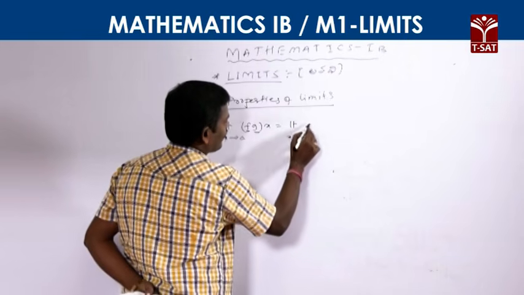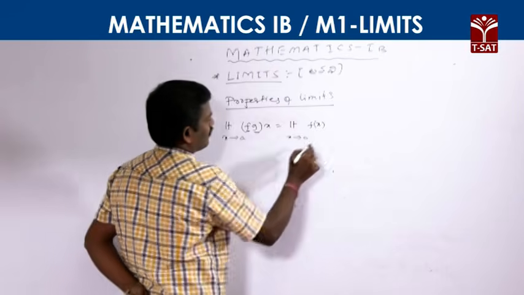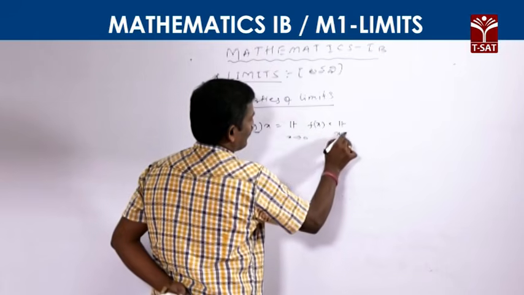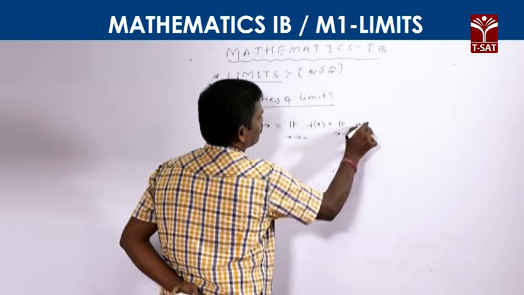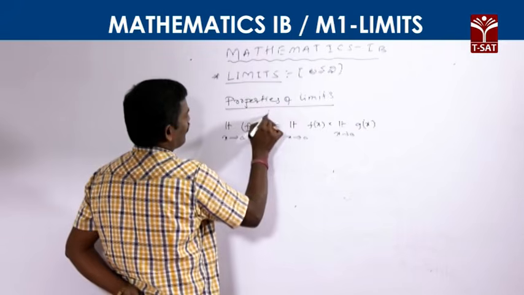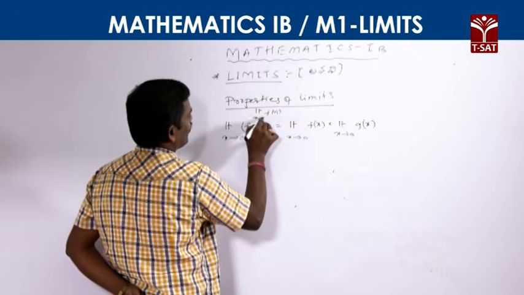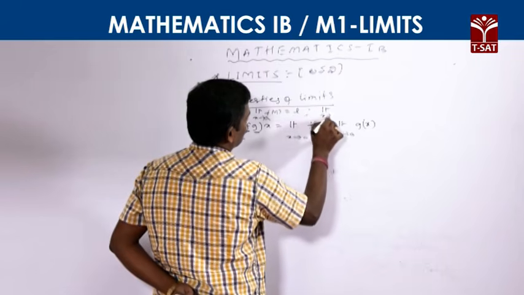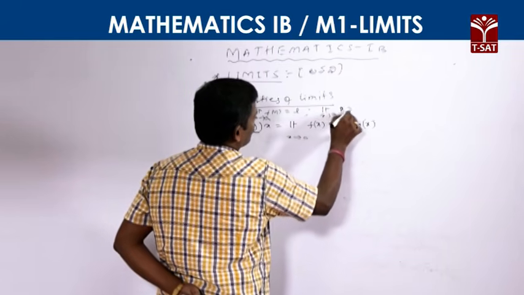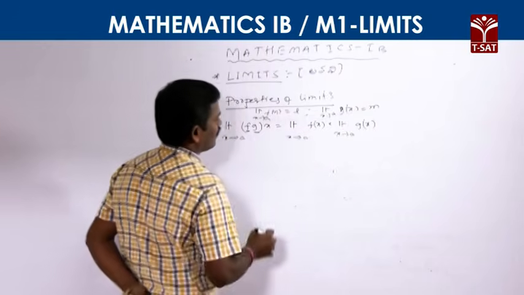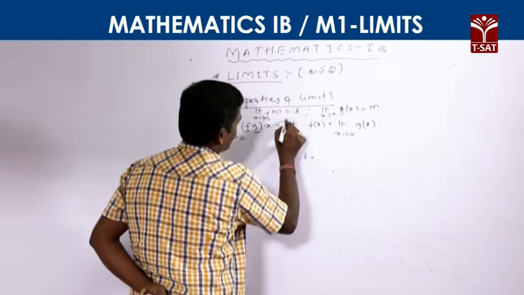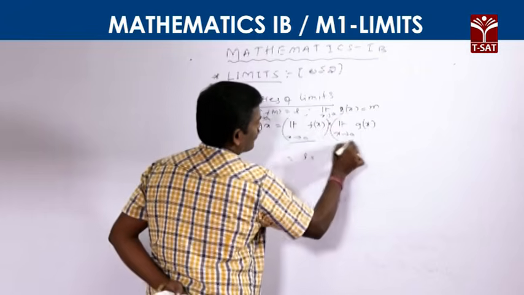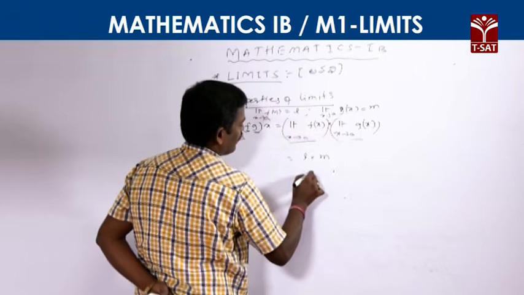Limit extends to a of f(x) into limit extends to a of g(x). Suppose the answer of limit extends to a of f(x) is L, and the answer of limit extends to a of g(x) is M. So the answer is L into M, so LM.